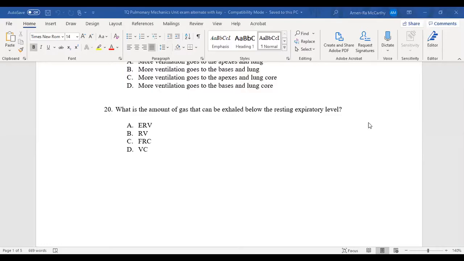Well, we say normal exhale, quiet exhale, resting exhale. All those are the same thing. So be careful with the wording. You've got to know what they're talking about. Resting expiratory level is after the normal tidal volume, right? Normal out, normal in, normal out, normal in. That's resting or quiet and all of that. So be careful, all right?